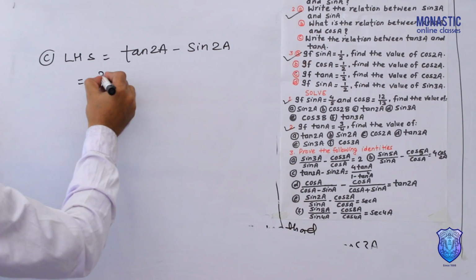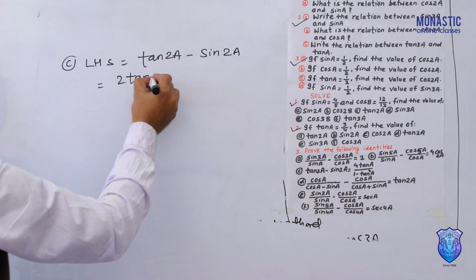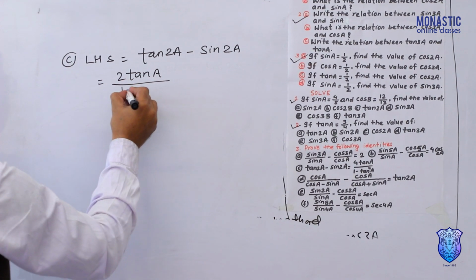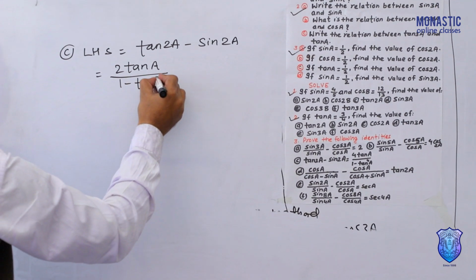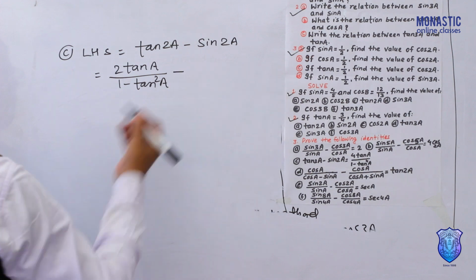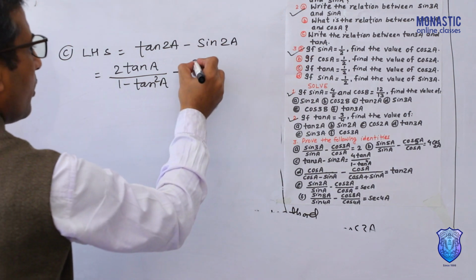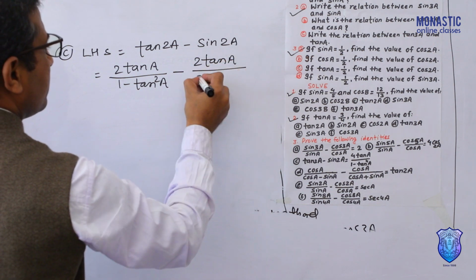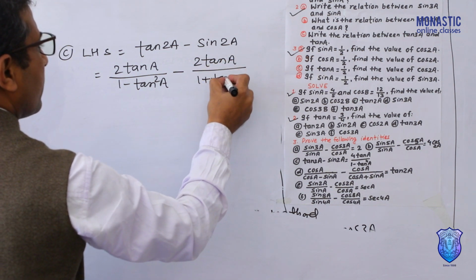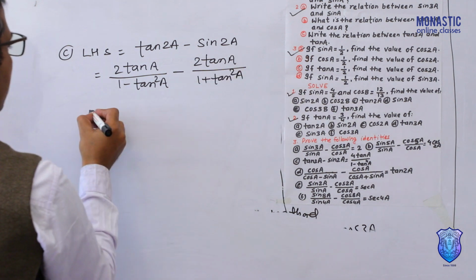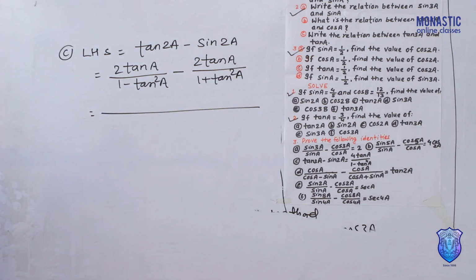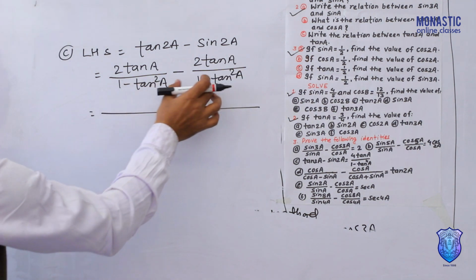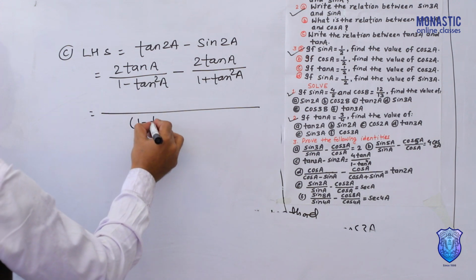So we have the formula of tan 2A in tan, that is 2 tan A by 1 minus tan square A. We also have the formula of sin 2A in tan, that is 2 tan A by 1 plus tan square A. You know how to take the LCM of these two.